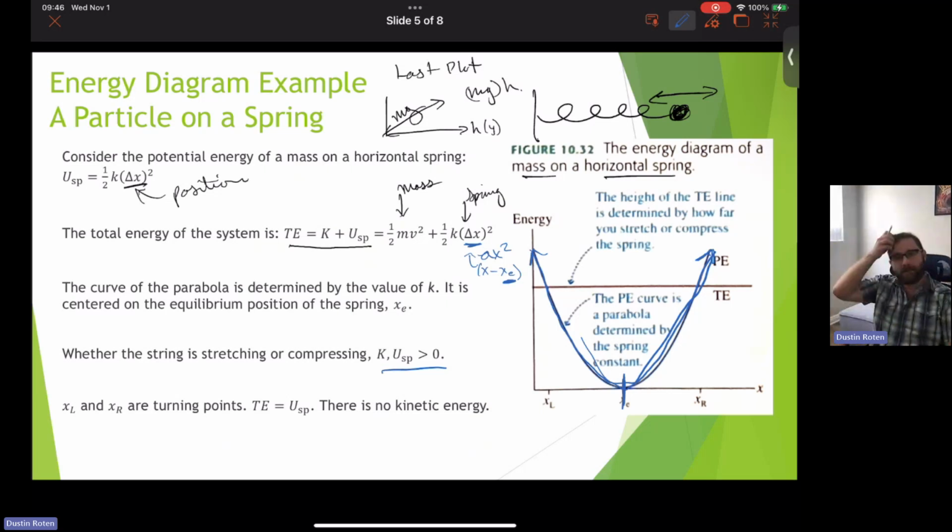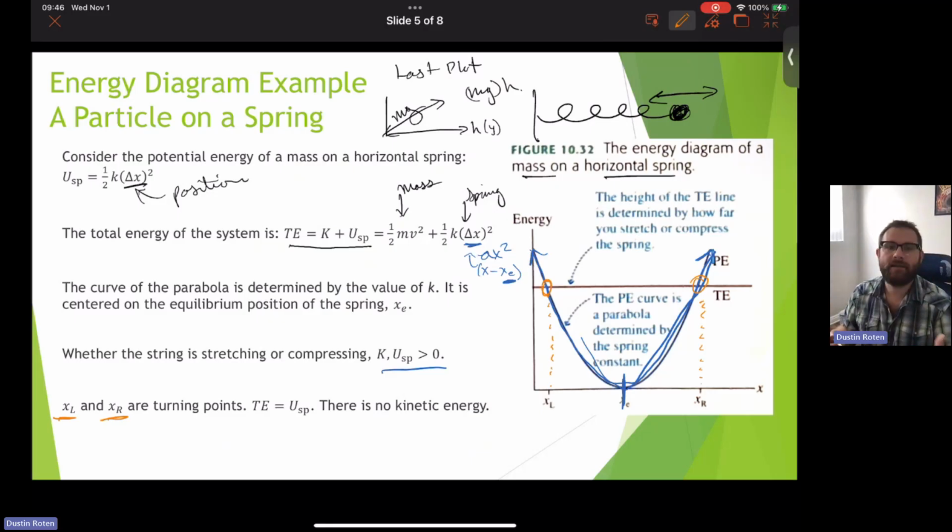Okay, now let's take a look at what's going on. So we have this position to the left, XL, and this position to the right, XR. And you'll notice these positions are actually where the potential energy curve and the total energy intersect.